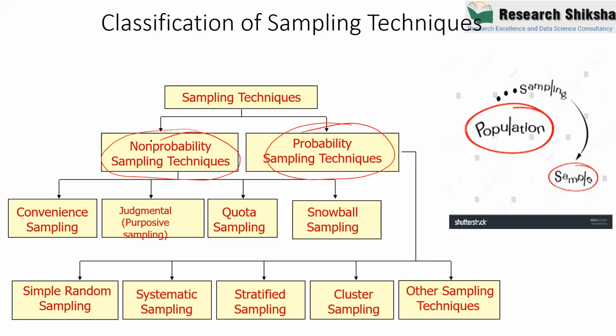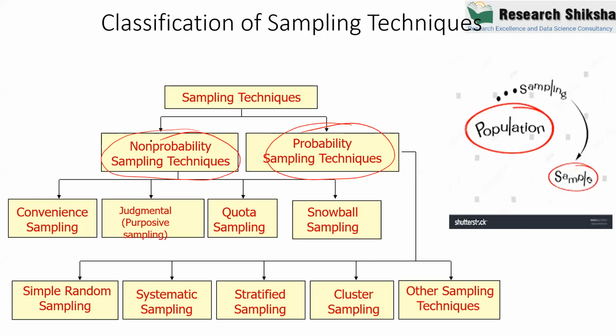Suppose you buy a lottery ticket, and there are two people, X and Y, and both buy a lottery ticket. So what do you think? Who has more chances to win the lottery, X or Y? You know that in a lottery system, the chances of winning for X and Y are equal. This is called the probability sampling technique.